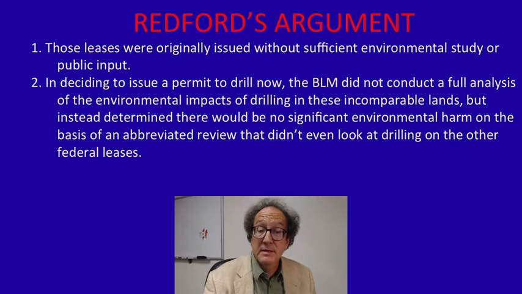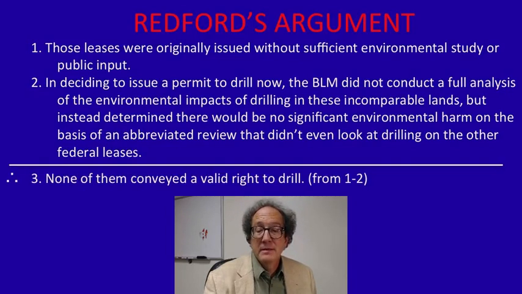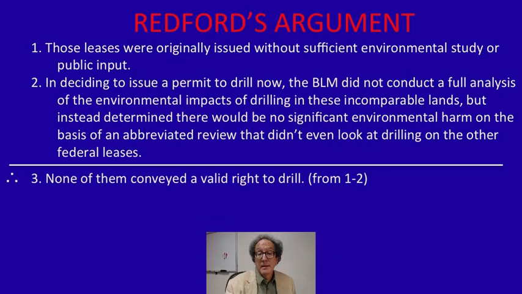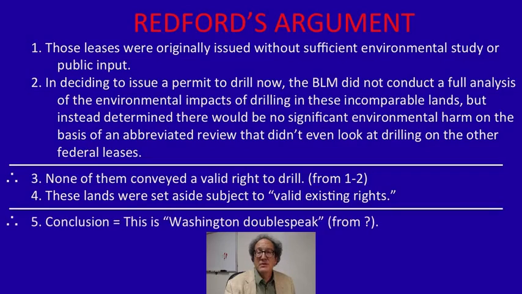Those two premises lead to the conclusion that none of these conveyed a valid right to drill. And then there's another premise, these lands were set aside subject to valid existing rights, and that's supposed to lead to the conclusion, this is Washington doublespeak.